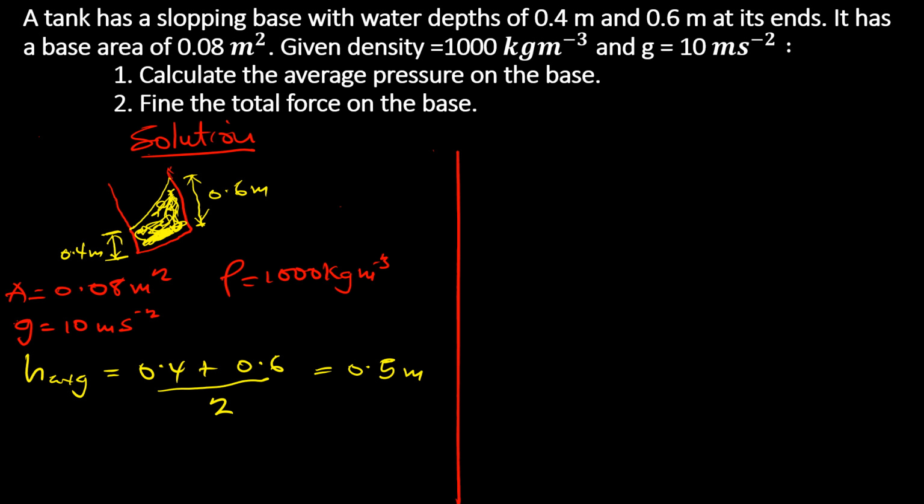Now we can calculate the average pressure, and we know pressure to be density times gravity times height. The height is the depth, the h. So therefore the average pressure, let's make it P average, is equal to the density, 1000, times the gravity, 10, times the average depth, 0.5.